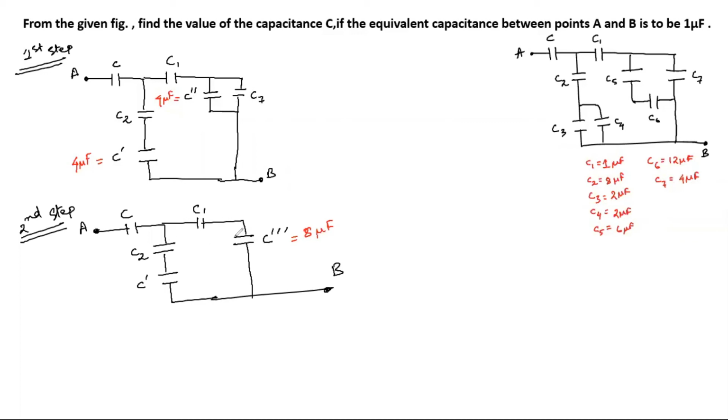So as you can see here, C1, which is 1 microfarad, is connected in series to the C triple dash. And C2 and C dash are connected in series. So now we have to redraw this again. So our third step.